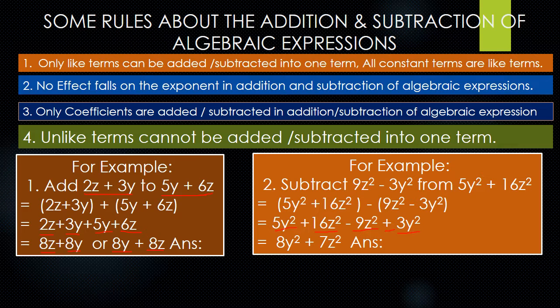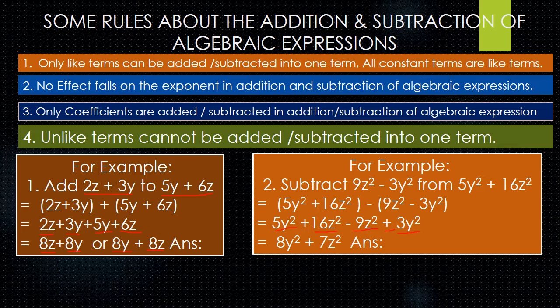It is because when we multiply minus with minus, we get plus. So this minus has got multiplication with 9z square, and this minus has also got multiplication with minus 3y square. So when we multiply minus with minus 3y square, we get plus 3y square.